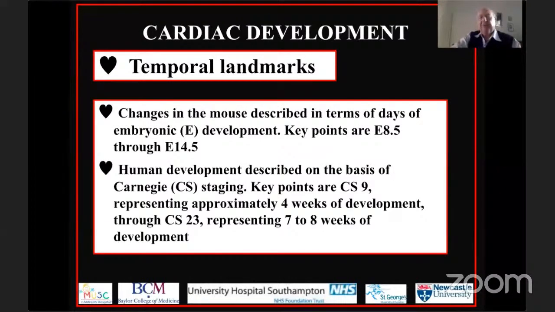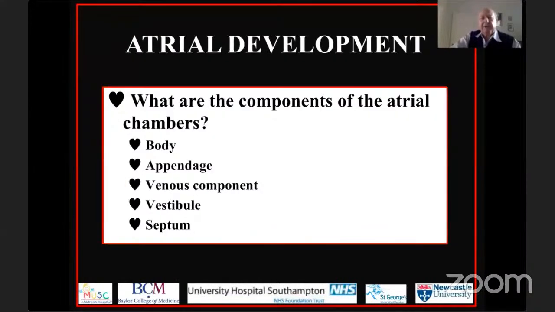The human material that we're going to compare with, we grade using what are known as the Carnegie stages. They stretch from about 4 weeks of development, which is Carnegie stage 9, to 7 or 8 weeks of development, Carnegie stage 23. Those are the stages we're going to be looking at during today's presentation. So let's get on with it, and let's look at atrial development.